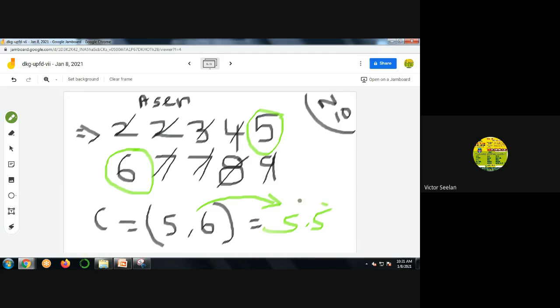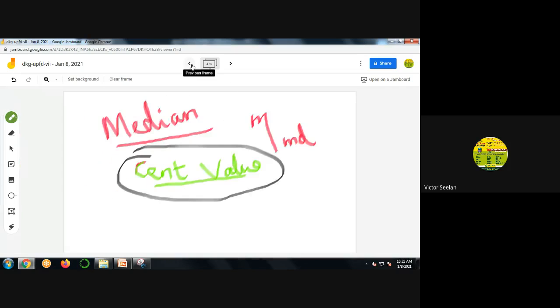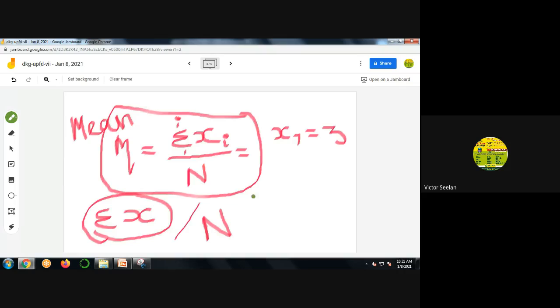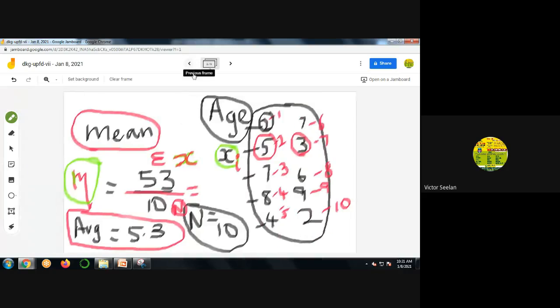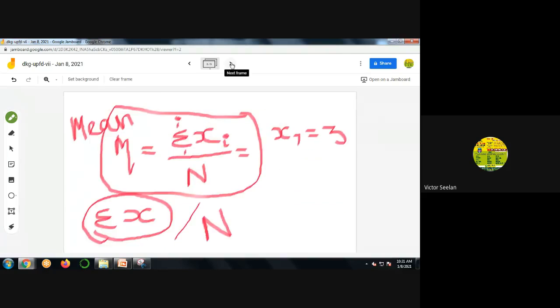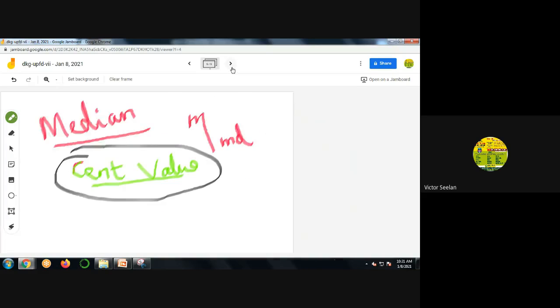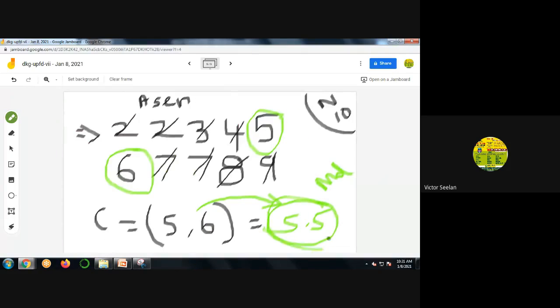This is an average when using median. So when using mean, what is my average? 5.3. When I'm using median, my average is 5.5.